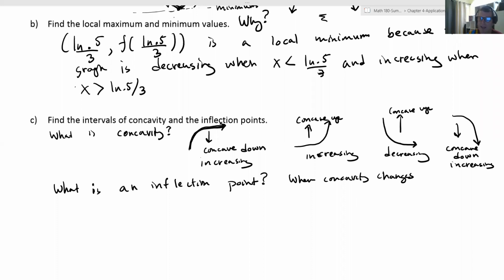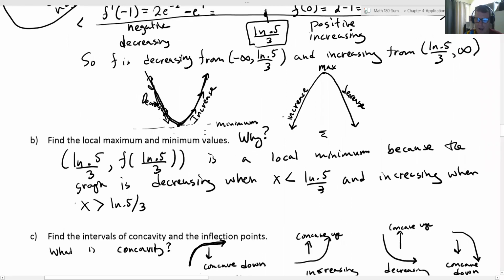If we think about it, this is equated to a critical number. Let me demonstrate what that means. An inflection point is when concavity changes. A critical number is when we go from decreasing to increasing or increasing to decreasing, plus a couple of other things.